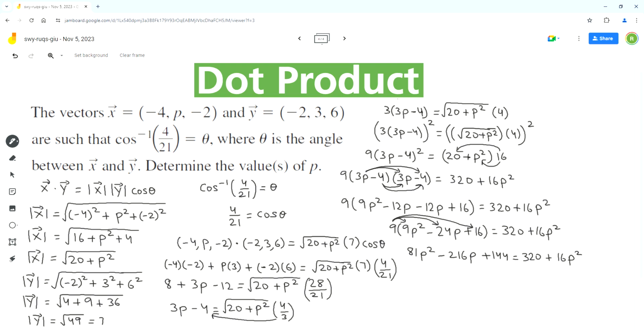Now we can make this equation equal to 0 by subtracting 320 and 16p squared from both sides.